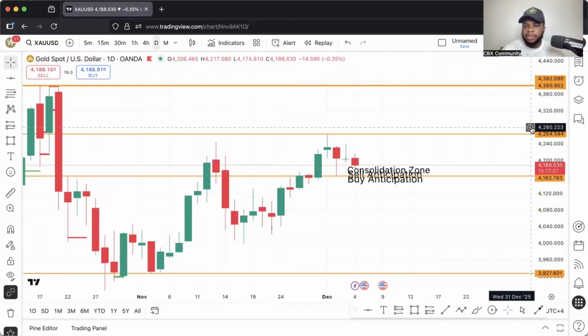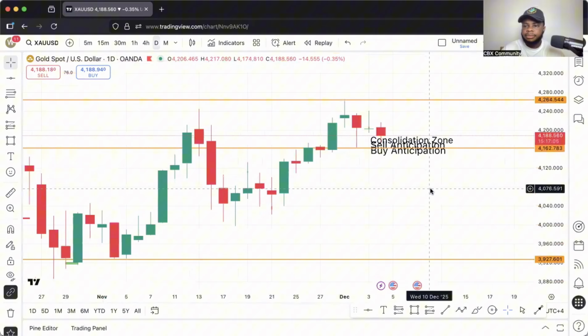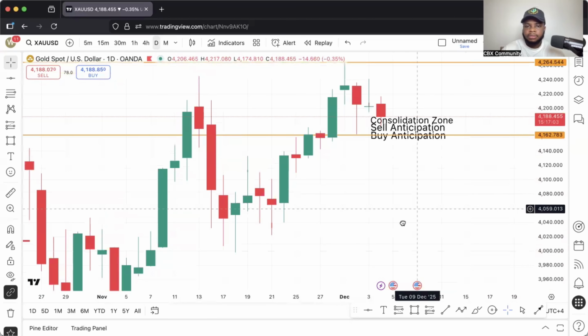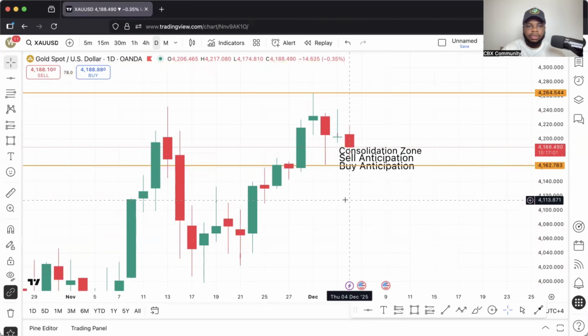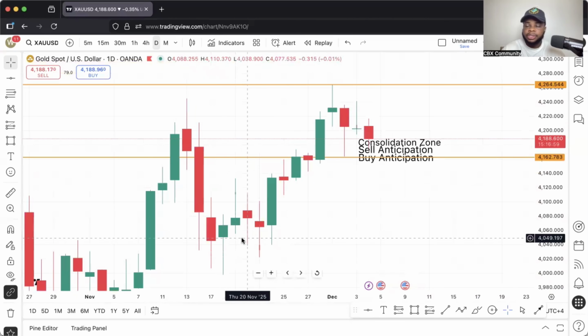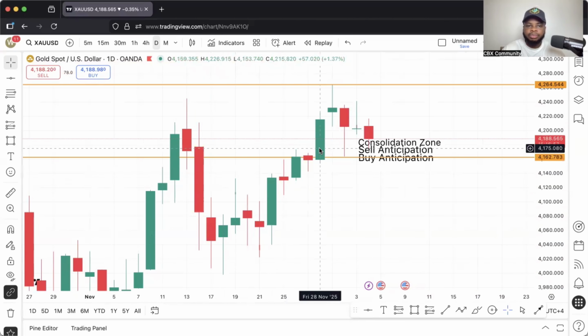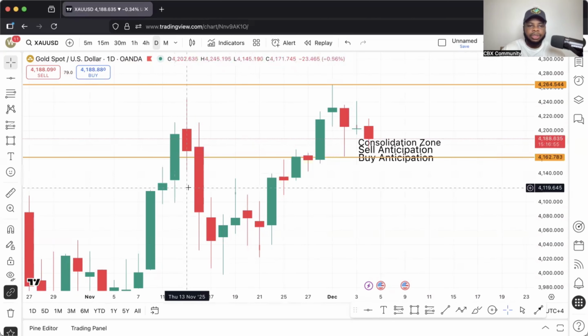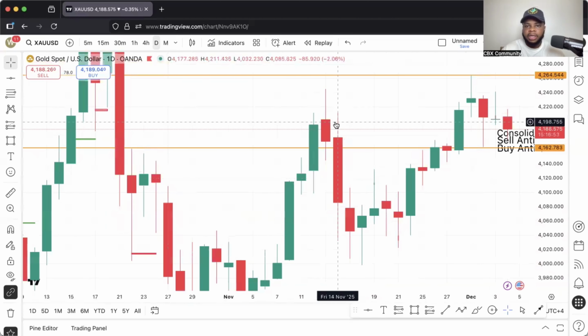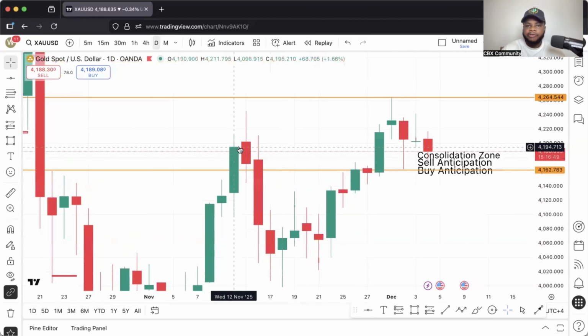Let's zoom the chart a little bit. So there's a support zone over here. This candle broke this support zone over here, and it closed with a rejection bearish candle to form a new resistance zone over here.